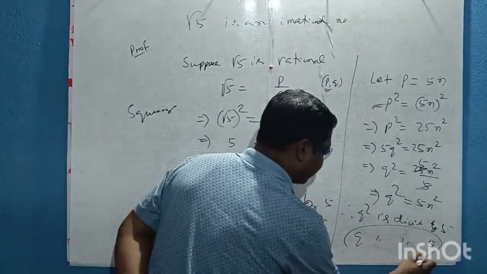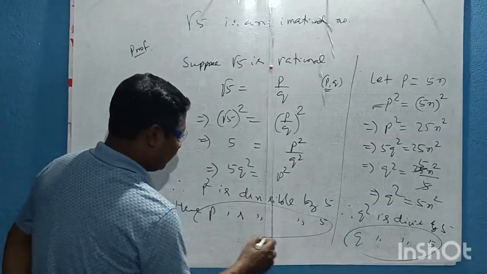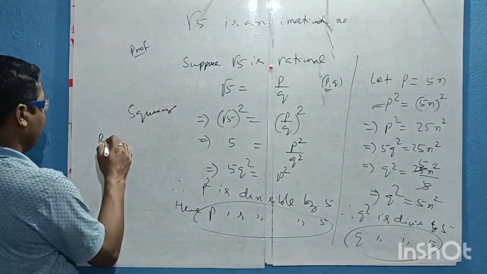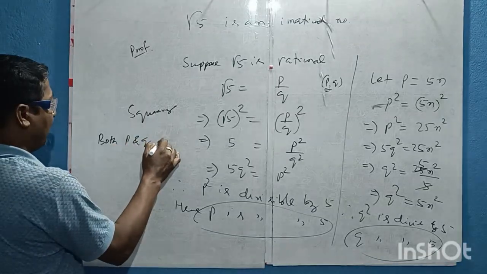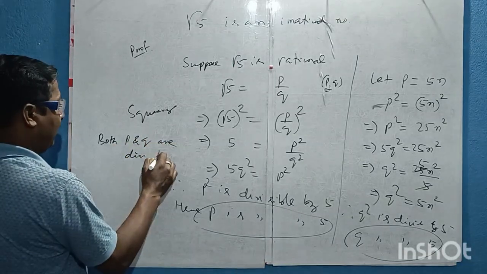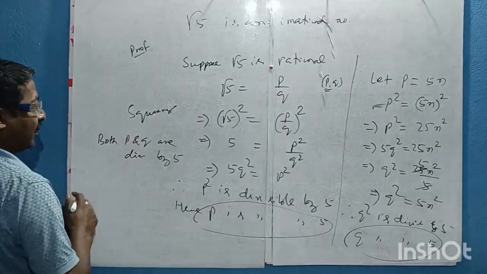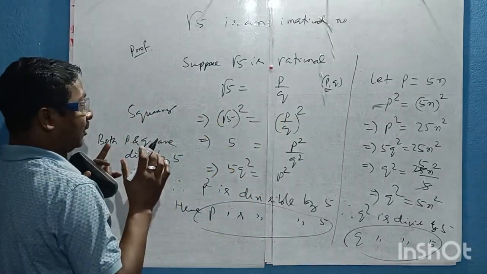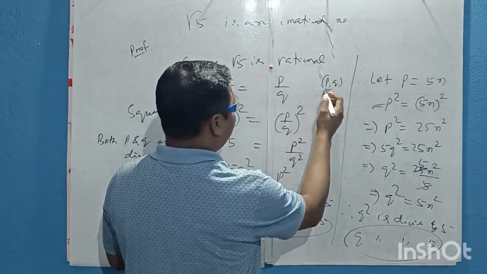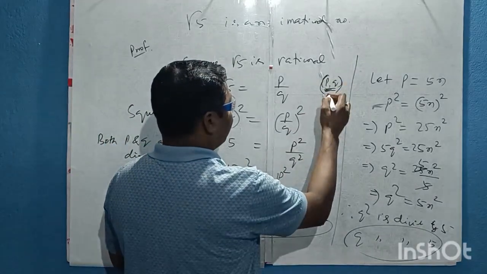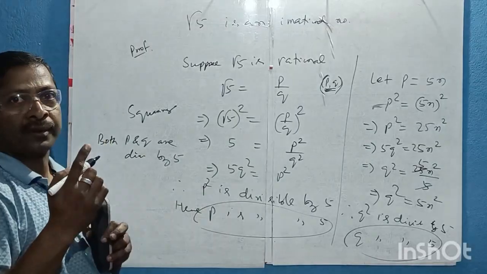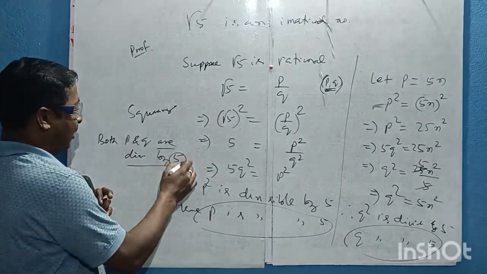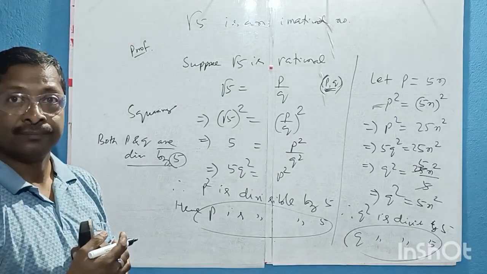Now see this one and this one. Both p and q are divisible by 5. So I can conclude that p and q, which I had taken to have only HCF 1, have at least HCF 5.